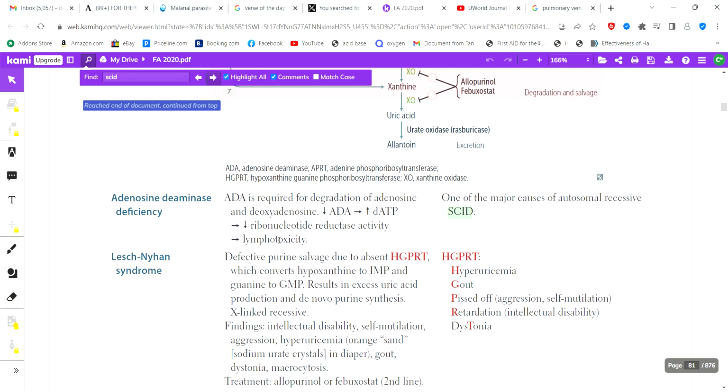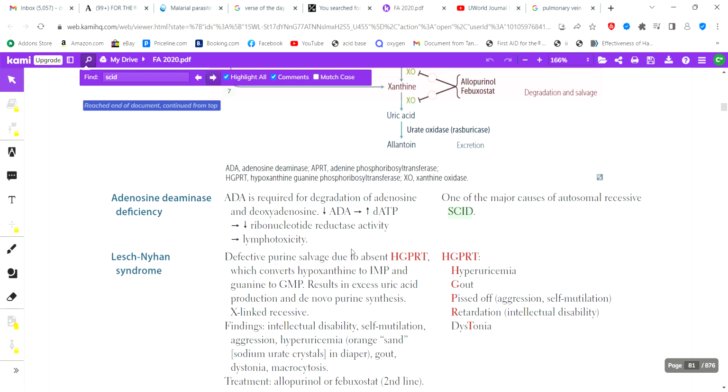This leads to lymphotoxicity. Okay, so lymphotoxicity, being toxic to lymphocytes.